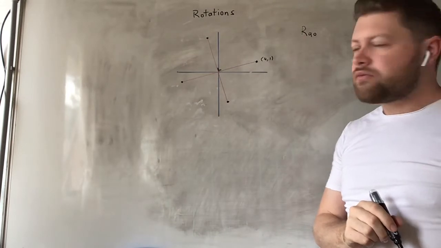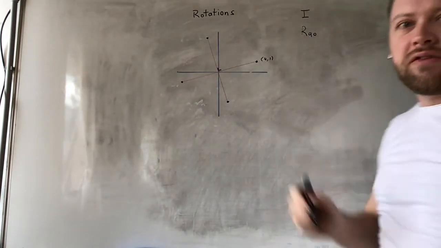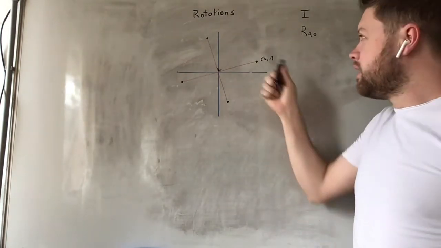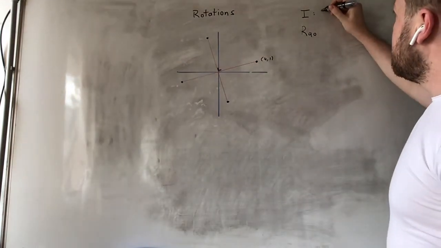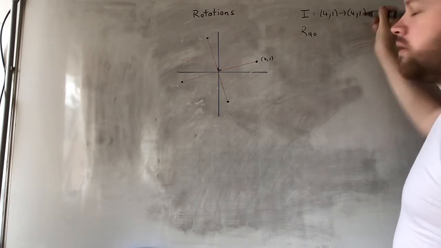Of course, like every other situation, we also have the identity rotation. The identity rotation is the do-nothing rotation, so you just leave the point 4, 1. So 4, 1 would go to 4, 1.